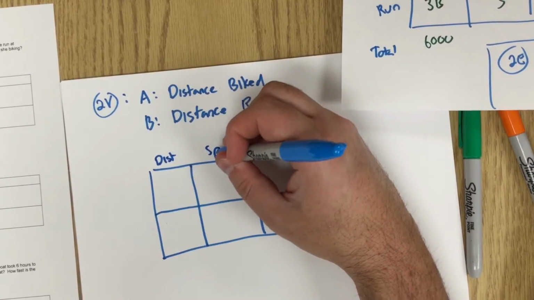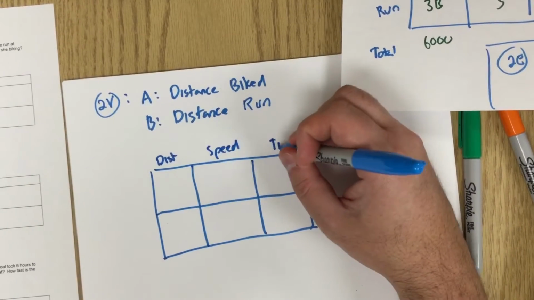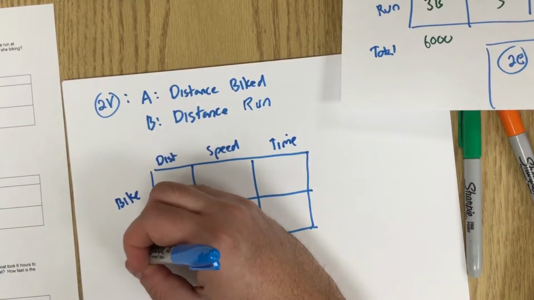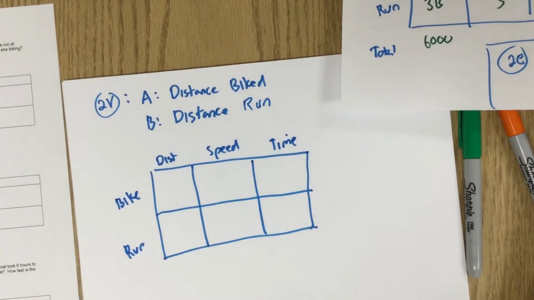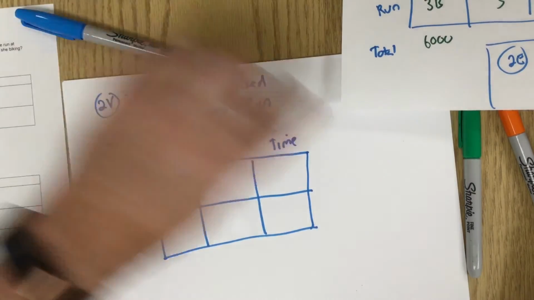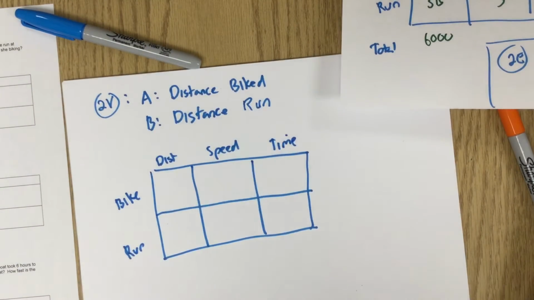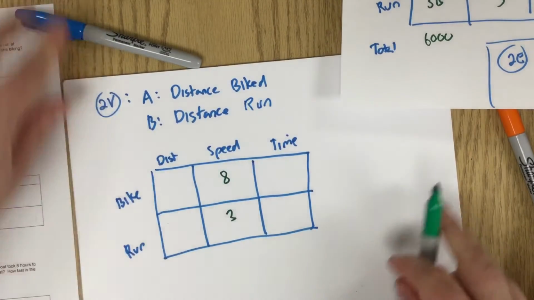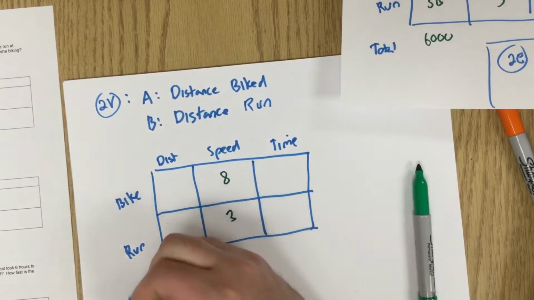So distance, speed, time, bike, run. So the speed, nothing's changed there. That's 8 and 3. And our totals are actually the same as well, right?